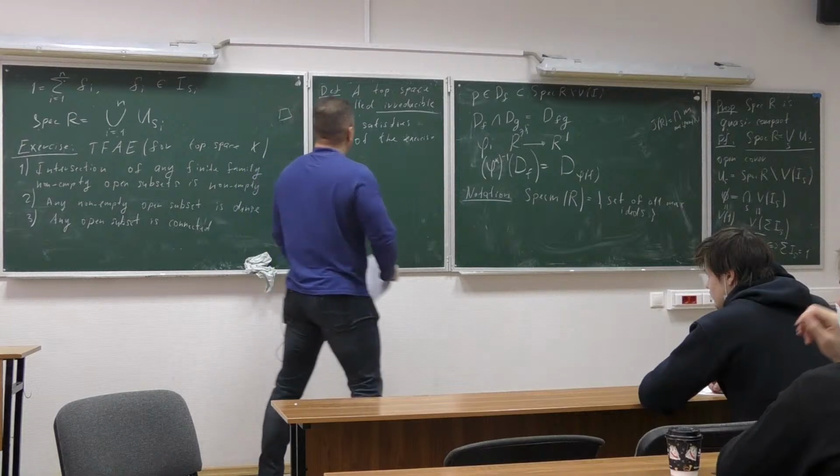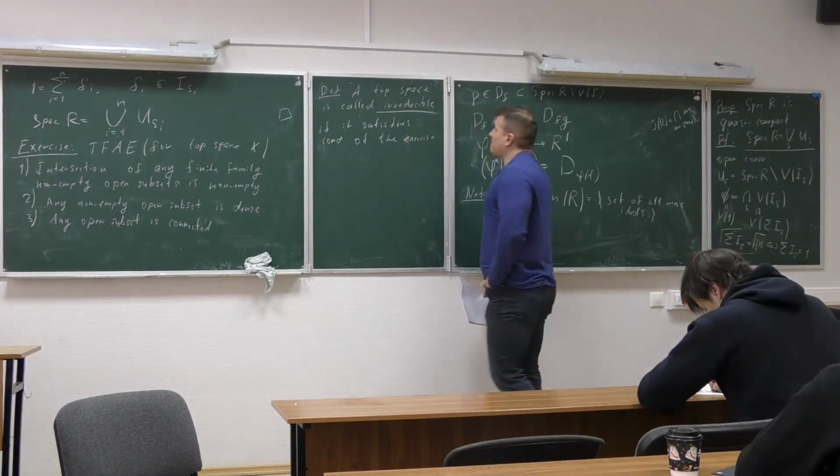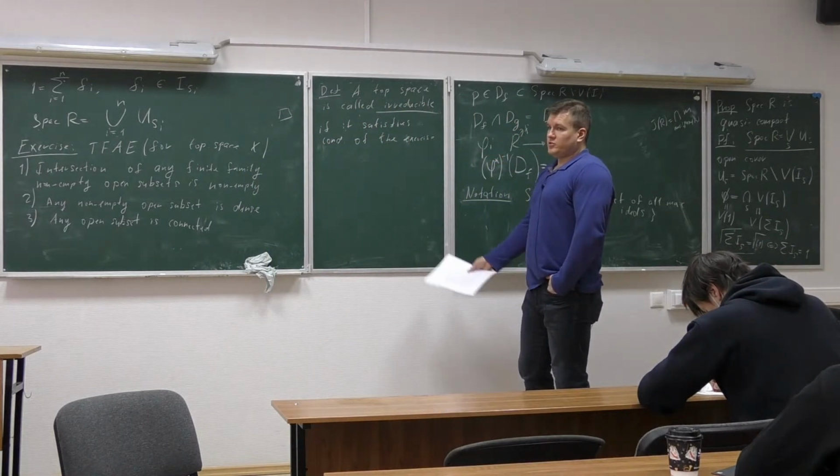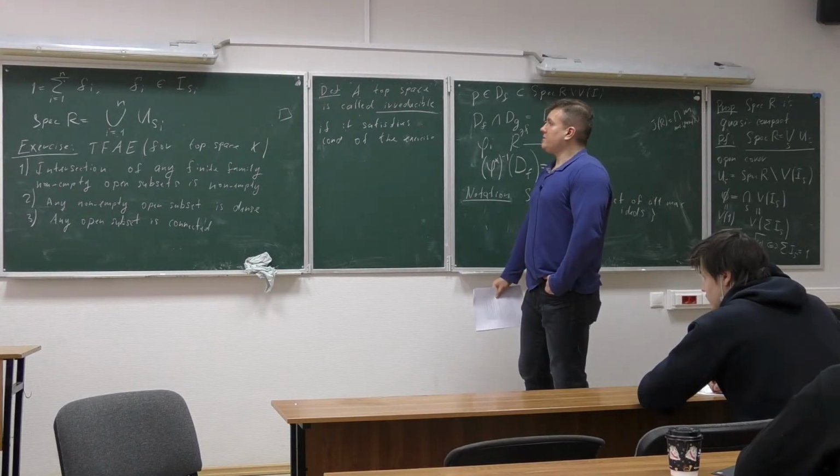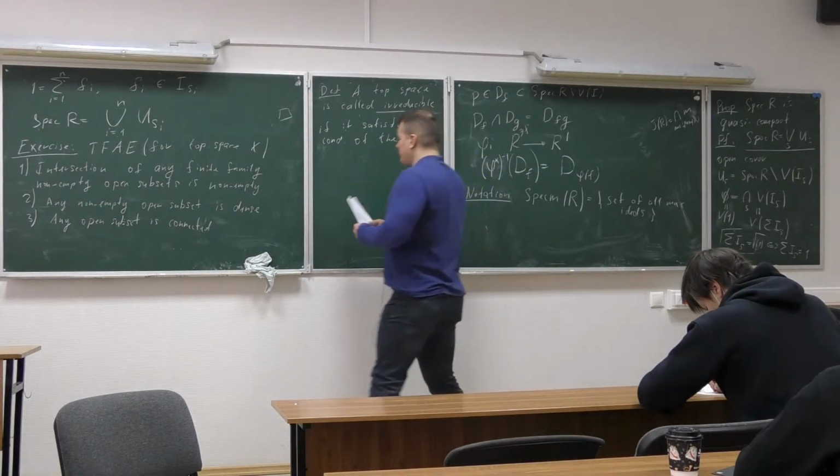And you also can define a subset of a topological space to be irreducible if you induce the topology on this subspace, and this, as a topological space, is irreducible. I'm not going to write this.